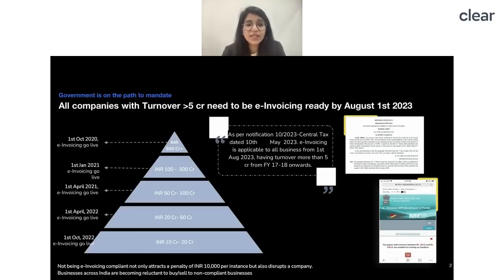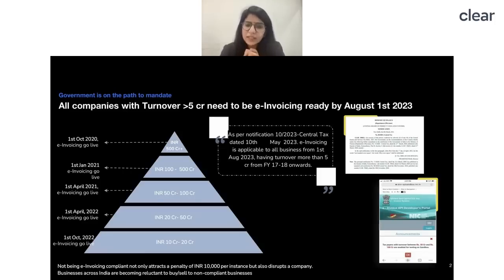Which means the 10 crore limit has been further reduced to 5 crore, applicable from 1st August 2023. So if your aggregate turnover exceeds 5 crore, e-invoicing is applicable to you from 1st August 2023. That's the final limit.